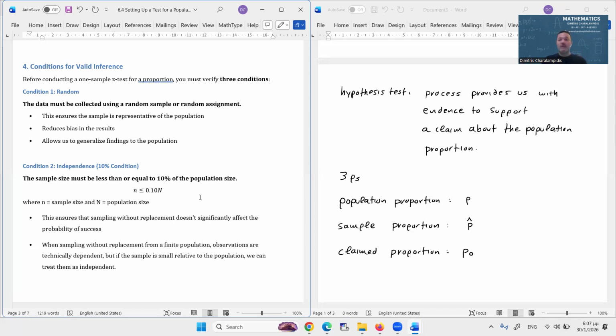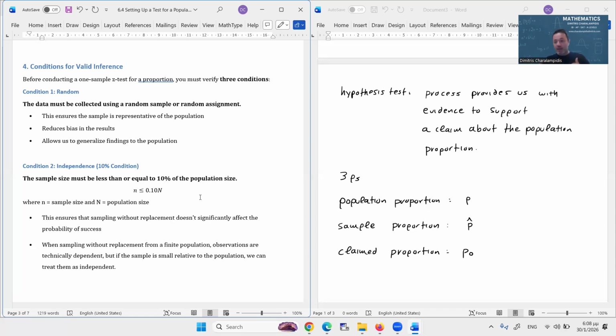The second condition is what we call the independence condition, and it has to do with the 10%. The size of my selected sample must be smaller or at most equal to 10% of the actual population size. Let's say we're working with the school, which I said has 600 students; 10% of that is 60. So our selected sample should be less than or at most equal to 60.